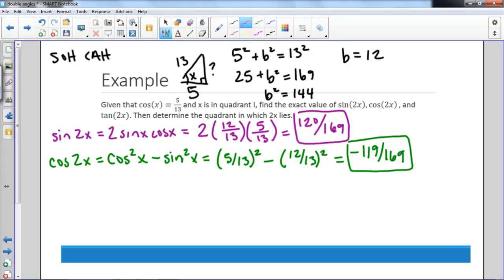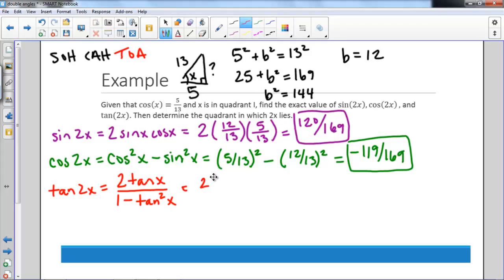Then last we're asked to find the tangent of 2x. From our formula we have 2 tan x over 1 minus tan squared x. So here I need to know what tan of x is, and we haven't found that yet. But the last part of SOHCAHTOA says it's opposite over adjacent.